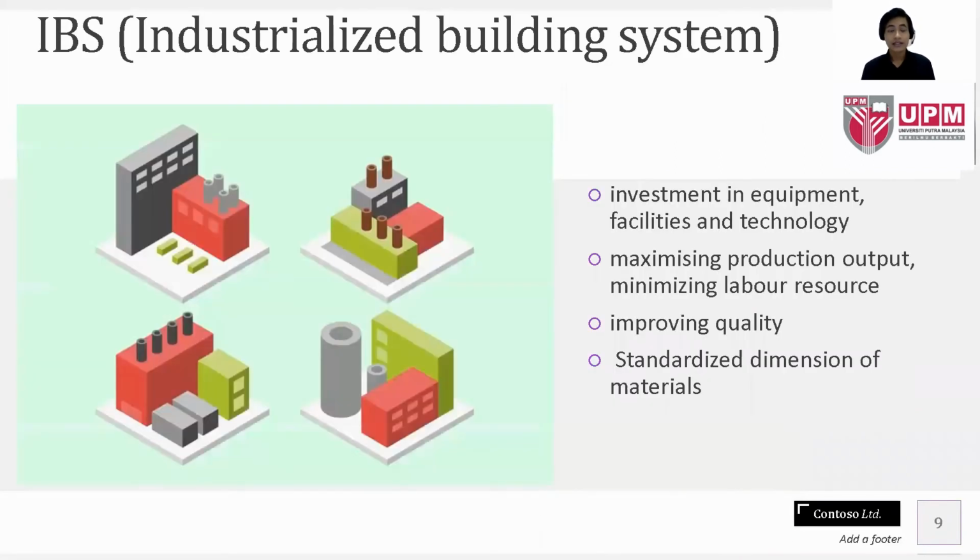The industrialized building system is actually a system where the manufacturers invest their equipment, facilities, and technology in such an advanced way. So they maximize the production output and minimize the labor resource.